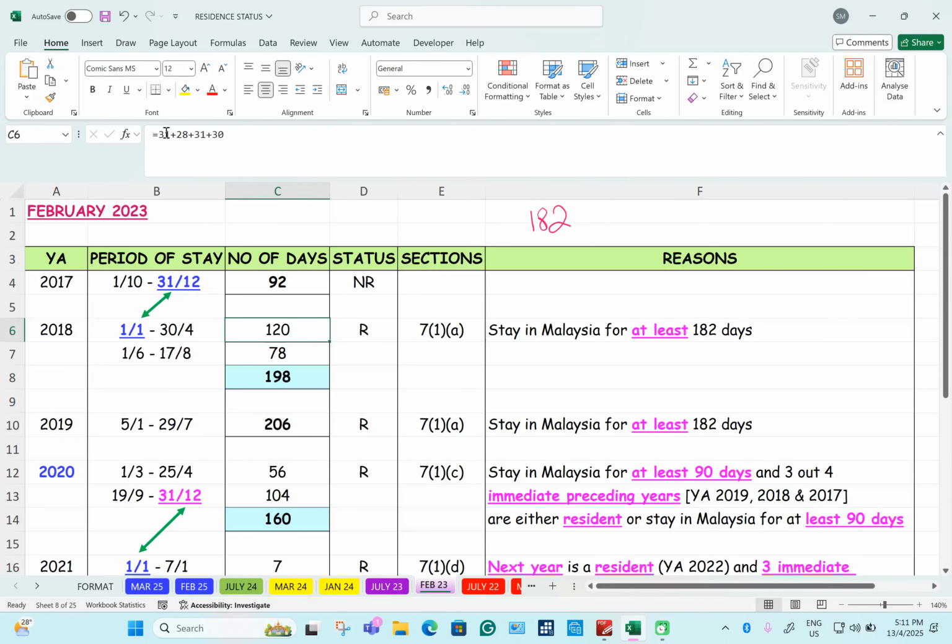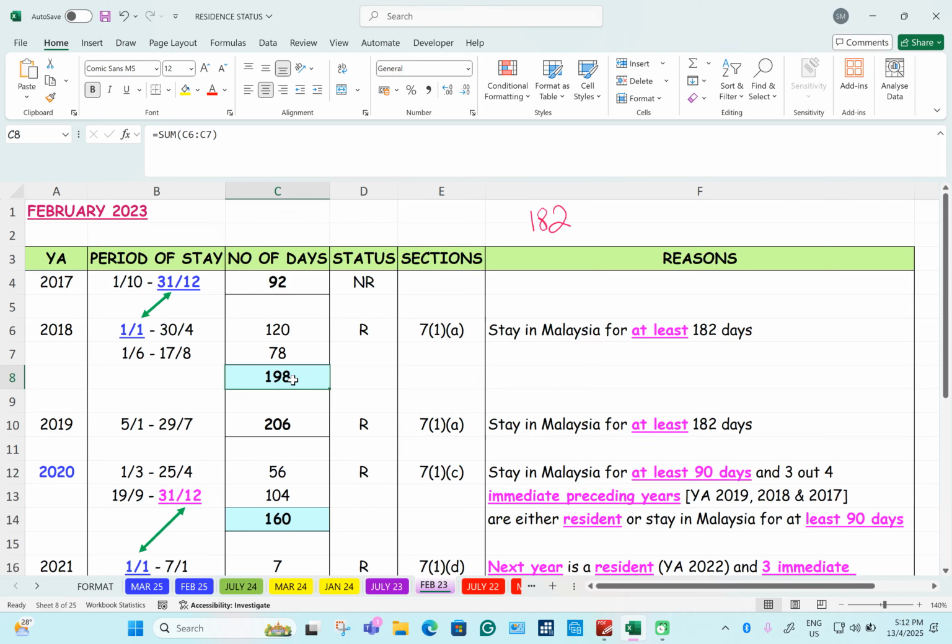January 31 plus February plus March 31, April 30. So I got here 120 days. The second date, 1st June until 17 August: June 30, July 31, August plus 17. Total up, I got here 198.